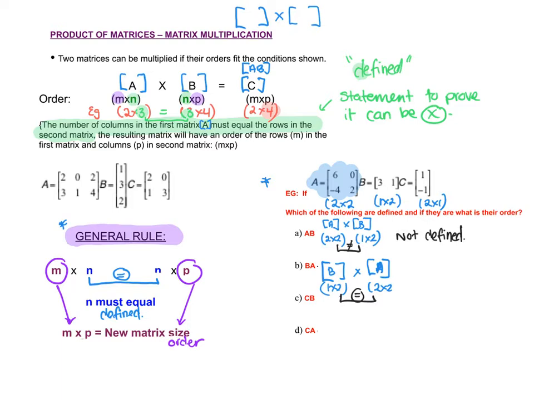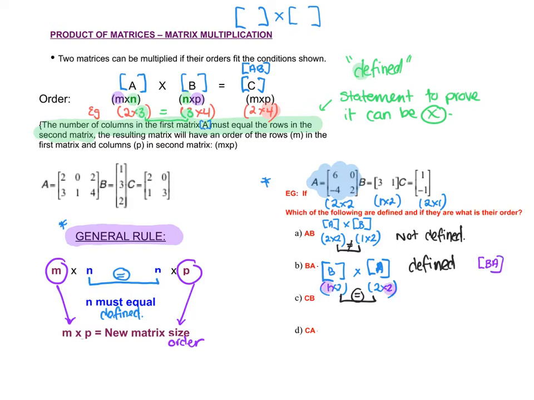A times B couldn't be done, but B times A could be done. So this one is defined, because the columns in the first one equal the rows in the second. Now, what will the order be? If I write matrix BA, it's going to be this number here.